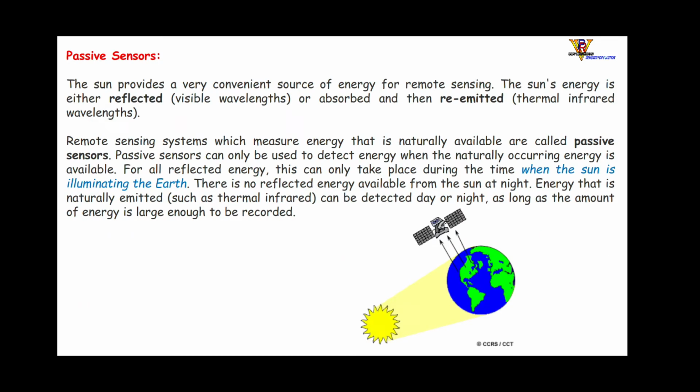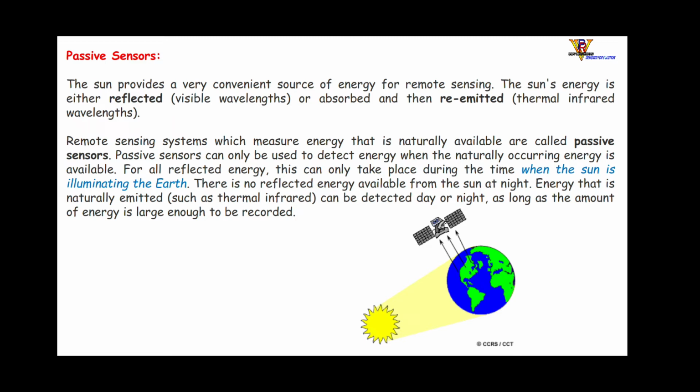Passive sensors: the sun provides a very convenient source of energy for remote sensing. The sun's energy is either reflected, at visible wavelengths, or absorbed and then re-emitted, which is known as thermal infrared wavelengths. So remote sensing systems which measure energy that is naturally available are called passive sensors.